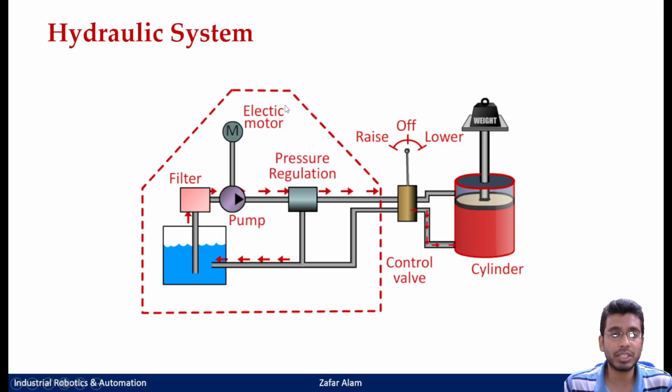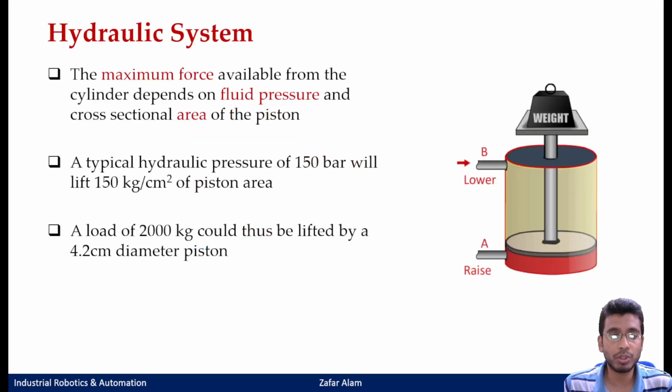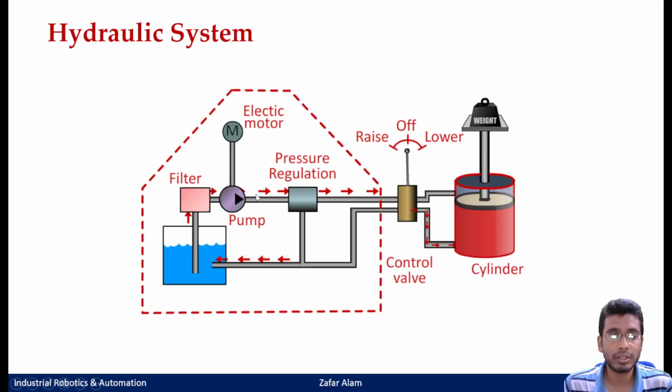The electric motor drives the pump, and then you have your pressurized fluid that is coming out through this output here. Then there is a pressure regulator here that regulates the pressure, and then here you have your control valve. What does that valve do? It actually directs the fluid motion.